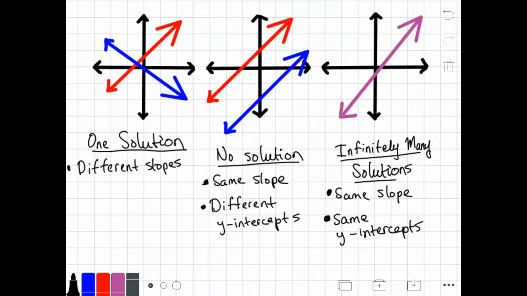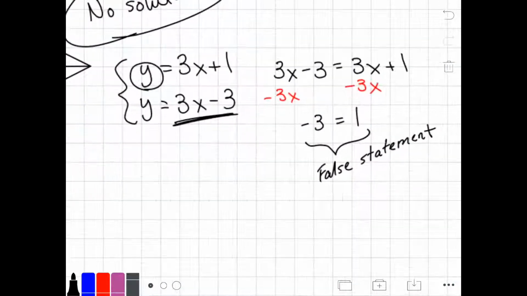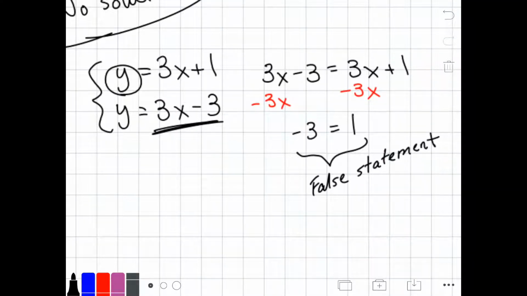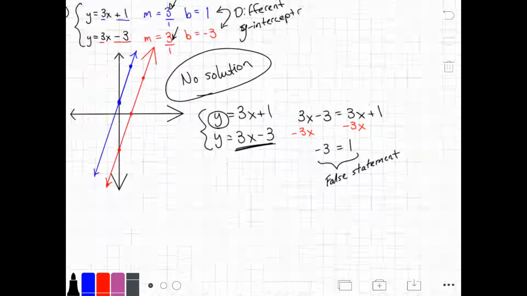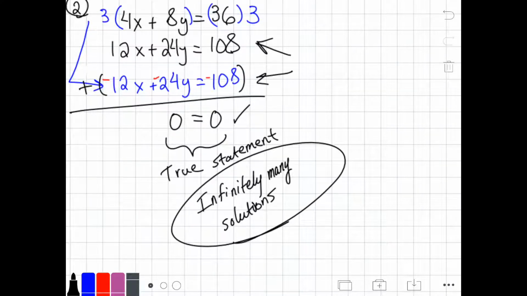Equations that have the same slope and the same y-intercept have infinitely many solutions. If we solve algebraically and we end up with a false statement and no variables, we say that there is no solution. If we solve algebraically using substitution or elimination and we end up with a true statement, then we can say that we have infinitely many solutions.